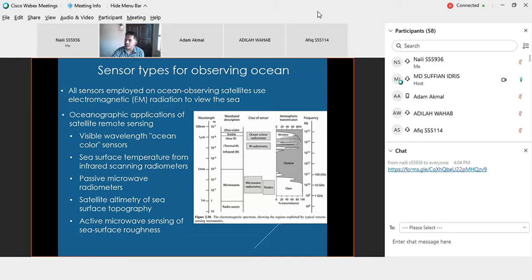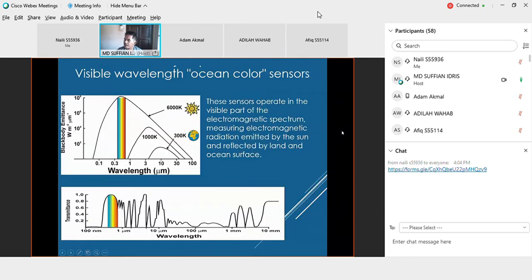So dia ada 5 satellite oceanographic application. For remote sensing, visible, infrared, passive microwave, altimetry dan juga kita ada active microwave. Yang ni pun sama, saya ingat saya dah terangkan dalam first lecture hari itu.